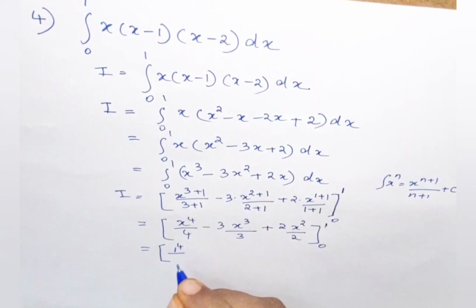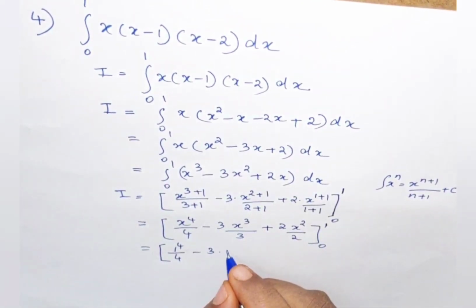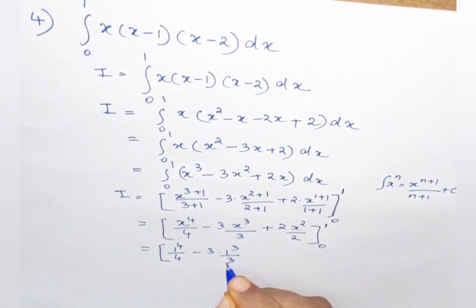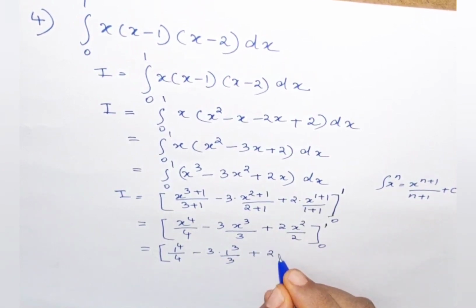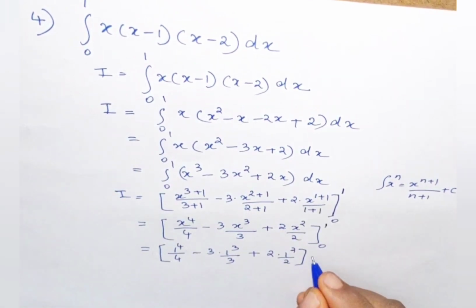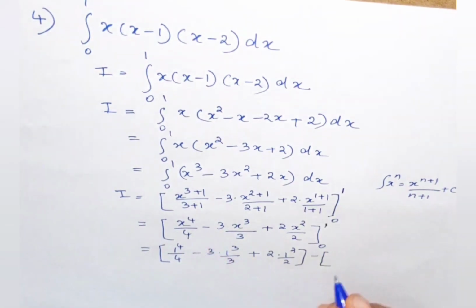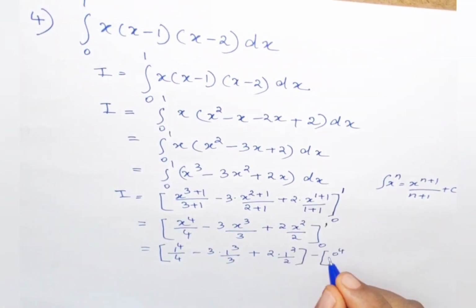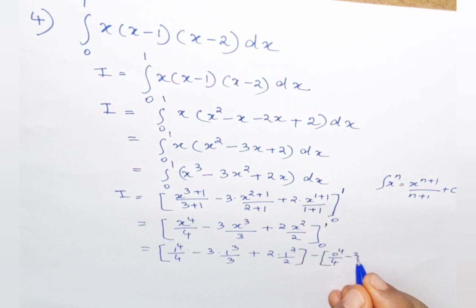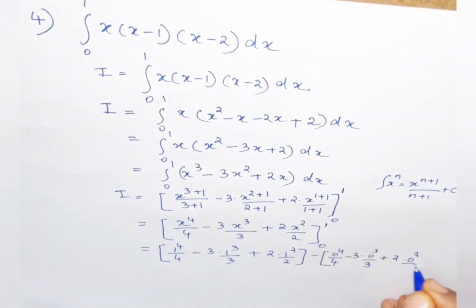So our x place becomes 1^4 by 4 minus 3 into 1^3 by 3 plus 2 into 1^2 by 2. We have substituted the upper limit in the x place. Now we are substituting the 0 in x place. So it becomes 0^4 by 4 minus 3 into 0^3 by 3 plus 2 into 0^2 by 2.